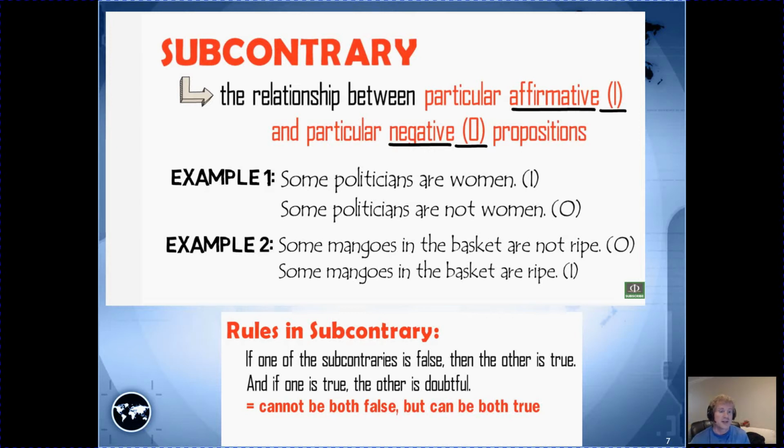If we say that some politicians are not women, it could be that all politicians are men. All right? So they could both be true, some politicians are women and some politicians are not women, but if we added another statement, all politicians are men, then we know that one of these statements is false. So again, they cannot be both false, but can be true.